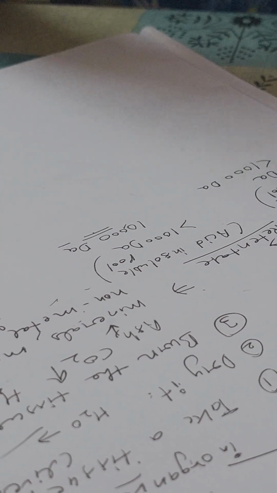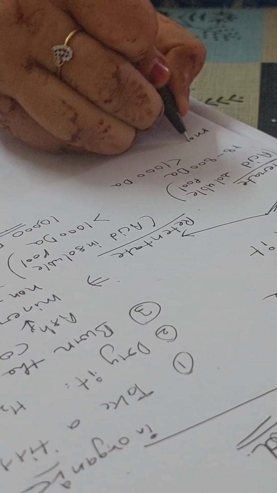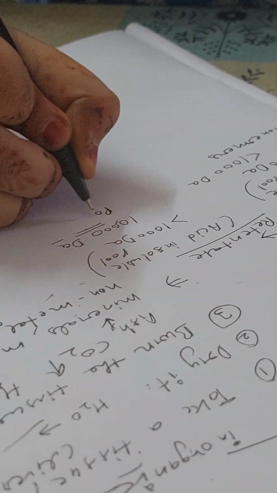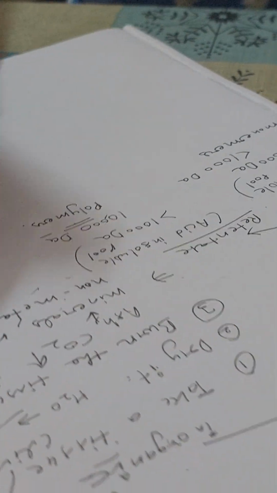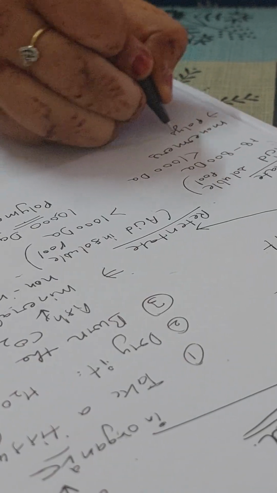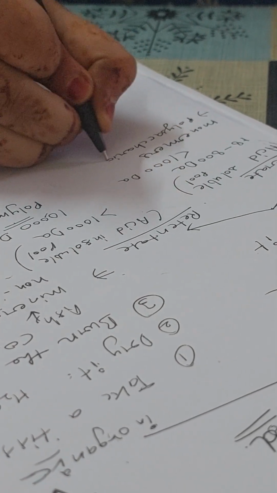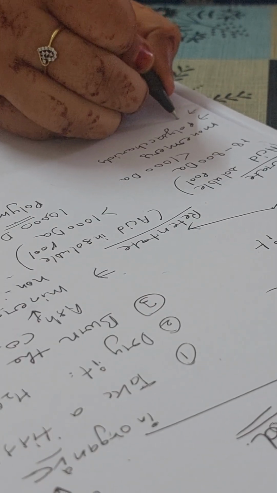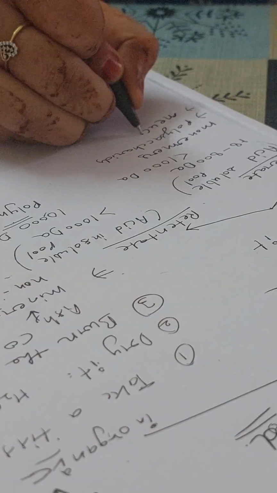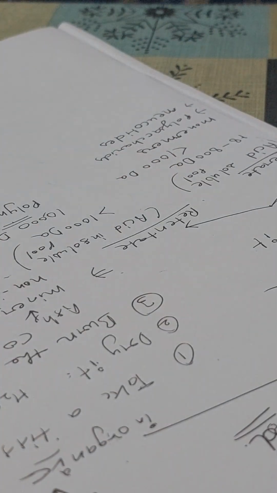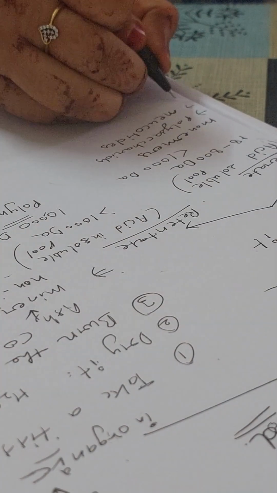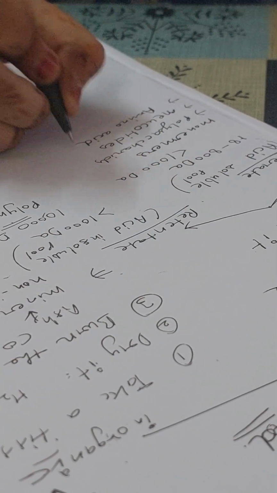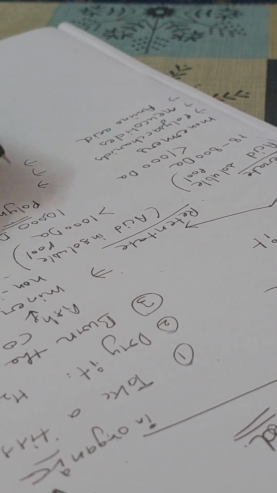These are monomers, and these are polymers. Monomers are monosaccharides, nucleotides, and amino acids.